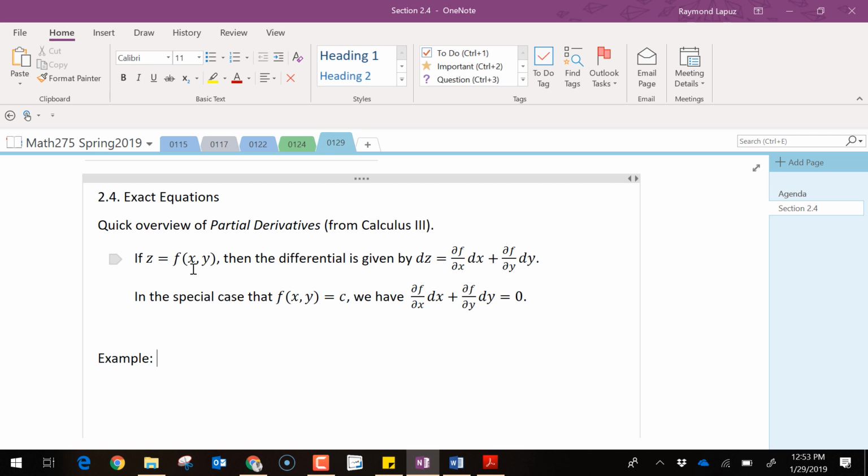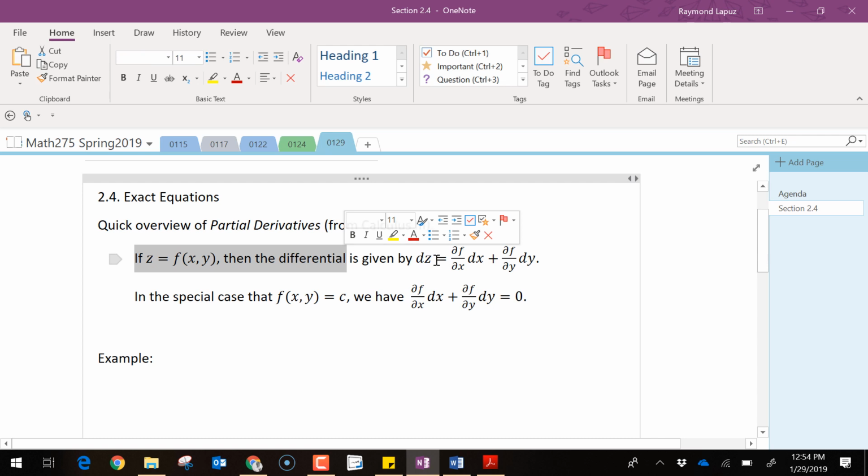Except now, since we're dealing with two variables, x and y, we have to take the derivative of something with respect to x, and in Calc 3, they call it a partial derivative. And then you tack on a dx, and then you take the partial derivative with respect to y, and then tack on a dy.